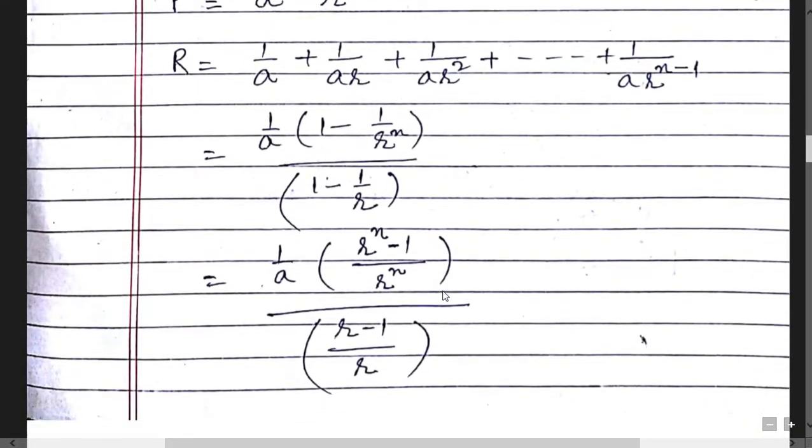Now the last term is R. R is basically similar to a harmonic progression: 1 over A, 1 over AR, 1 over AR square, up to 1 over AR raised to power n minus 1. It means you can apply the formula of GP again. 1 over A, 1 minus 1 over R raised to power n, divided by 1 minus 1 over R. Then take LCM.